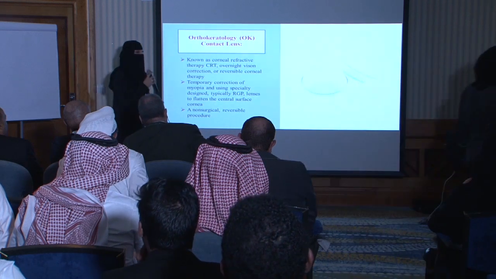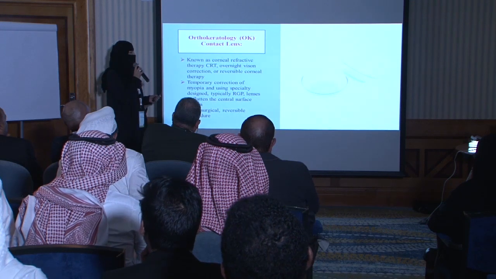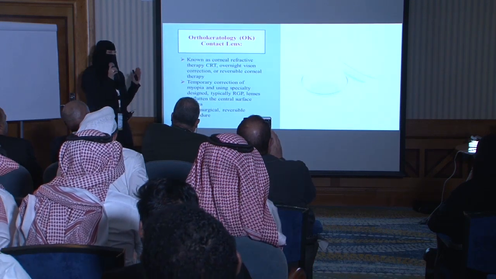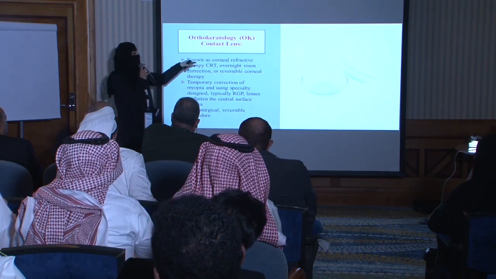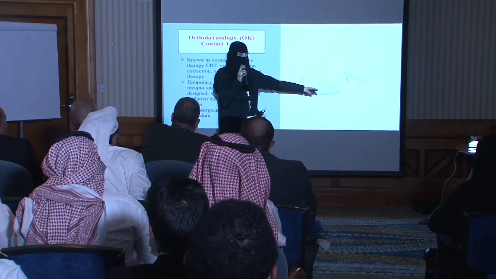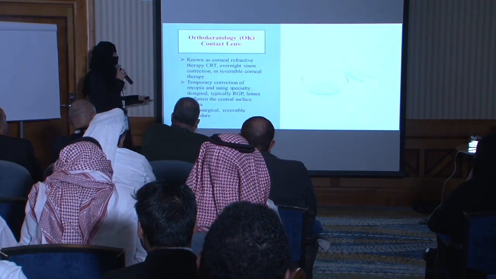So, what is orthokeratology? Orthokeratology lenses are reverse geometry lenses, which change the anterior surface of the cornea to make it flatter and steepen the mid-peripheral cornea.